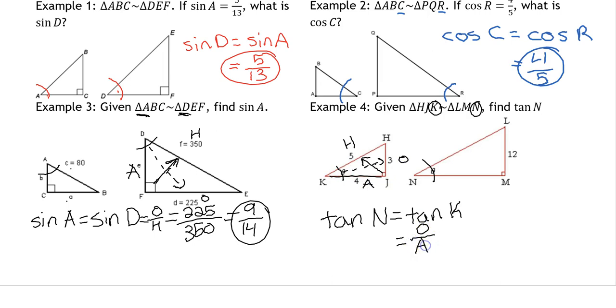Tangent equals opposite over adjacent, which equals 3/4. That's it. Go ahead and work on C1.